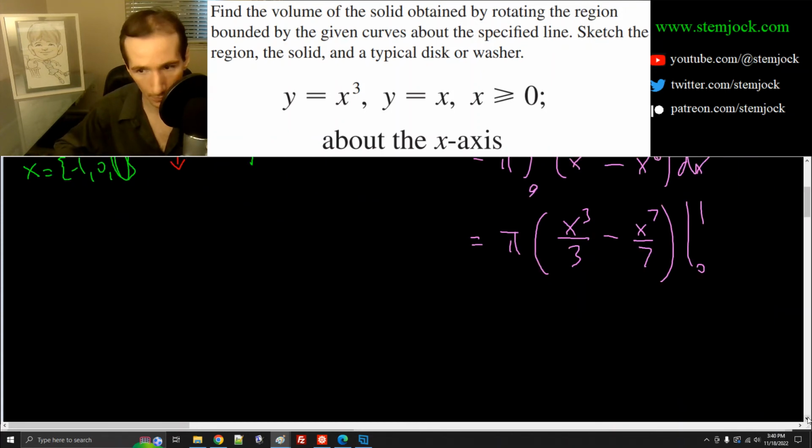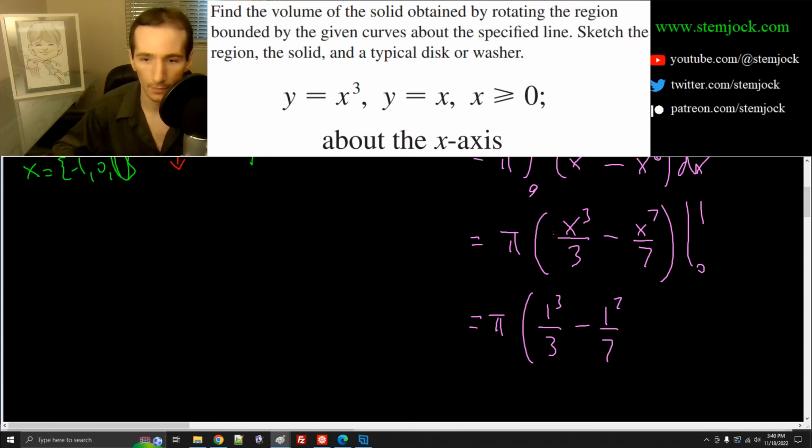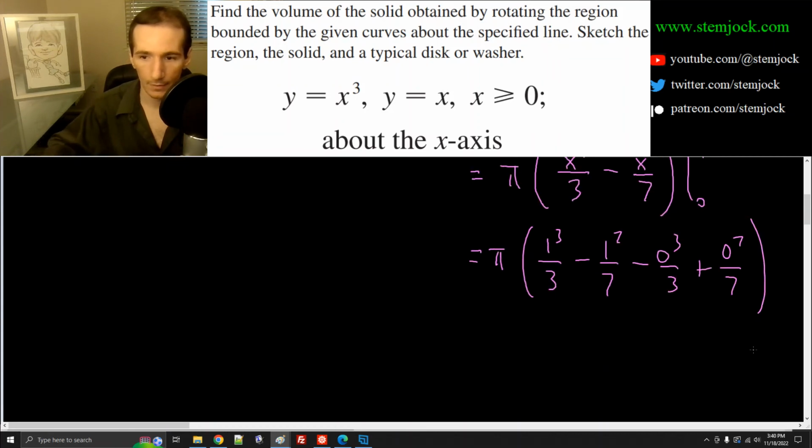And now I just plug in the limits of integration here. So this is going to be equal to pi times 1 cubed over 3 minus 1 to the 7th over 7. And now I do the negative of this for the 0 part. So minus 0 cubed over 3, and then plus 0 to the 7th over 7. And these terms are 0, so we don't worry about those.